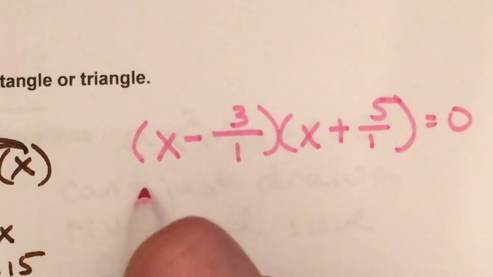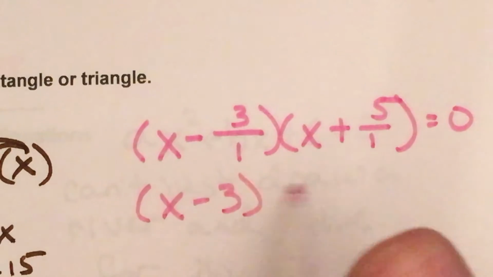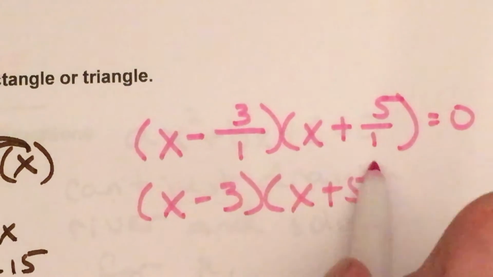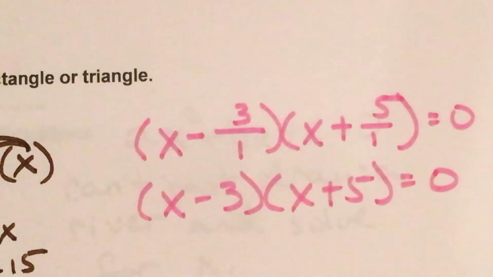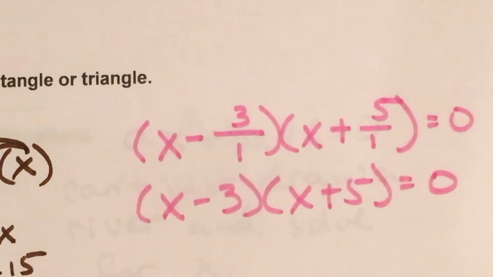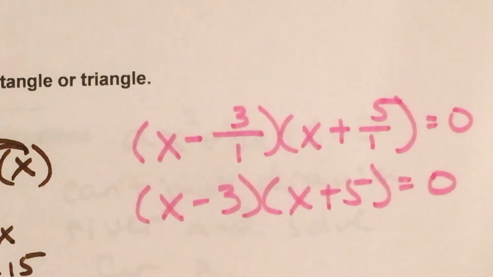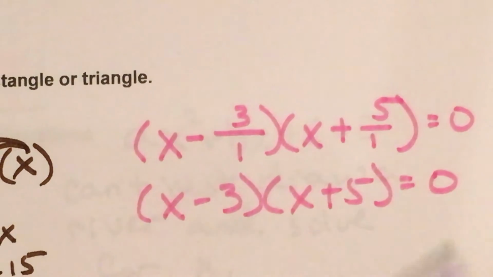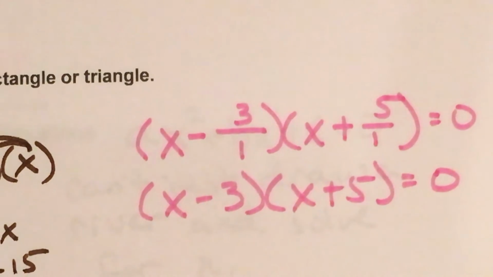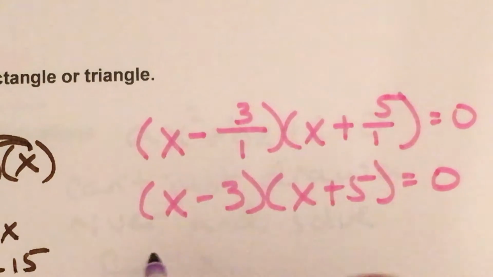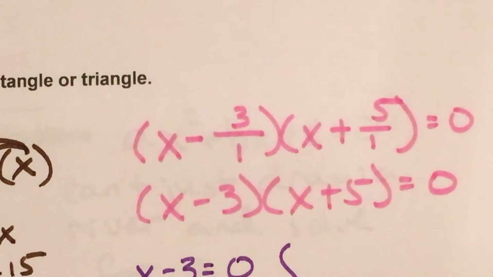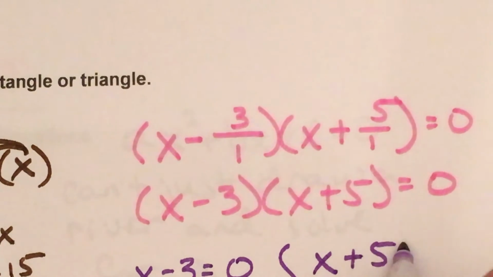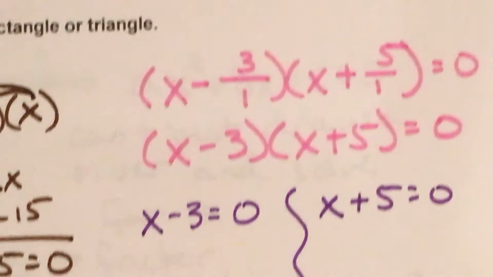Let's clean this up. X minus 3, x plus 5. What do we do now? Tell me what to do. That's right, set the binomials equal to 0 because we're going to solve them for x.